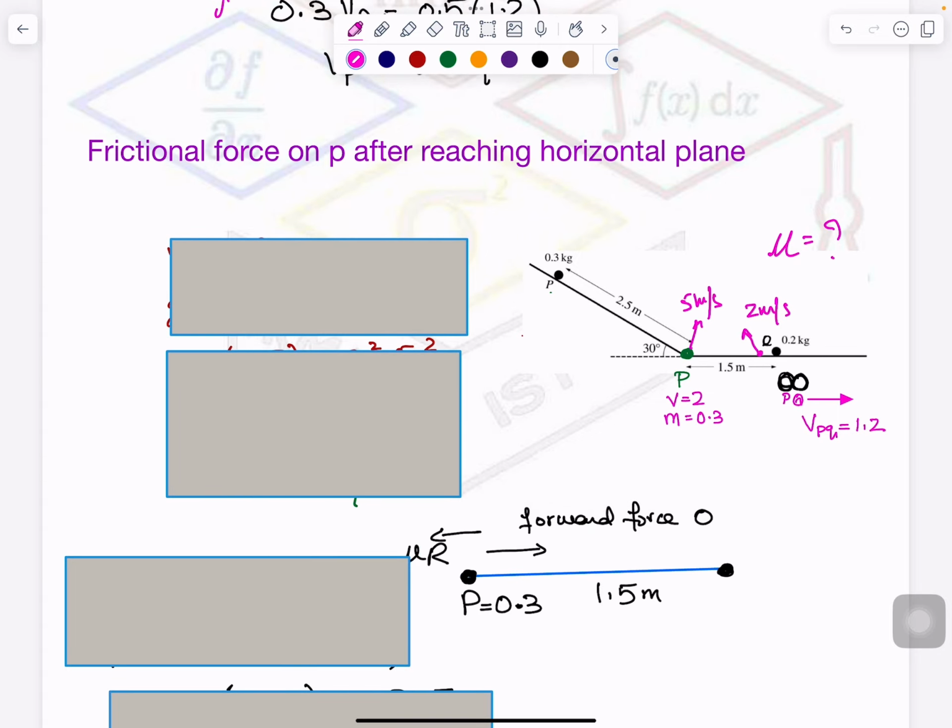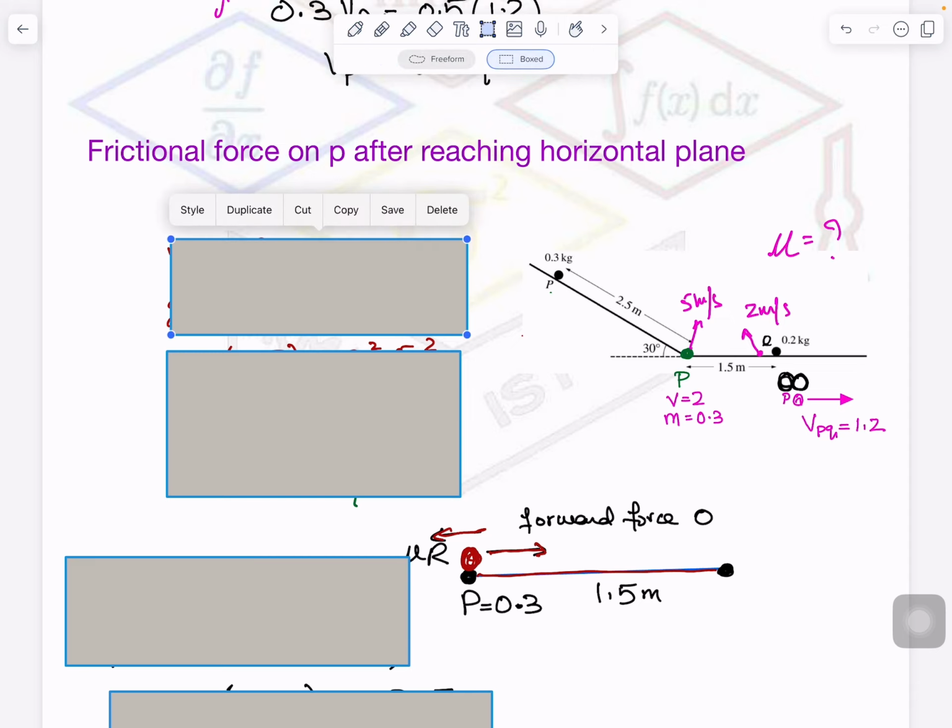If you see this horizontal line, which is the horizontal plane basically, I have drawn here. So now what is happening, this particle P has no forward force, which is 0. But the backward force is what? Mu R, and that's why the speed is slowing down also. So now what will you do? Anything coming to your mind?